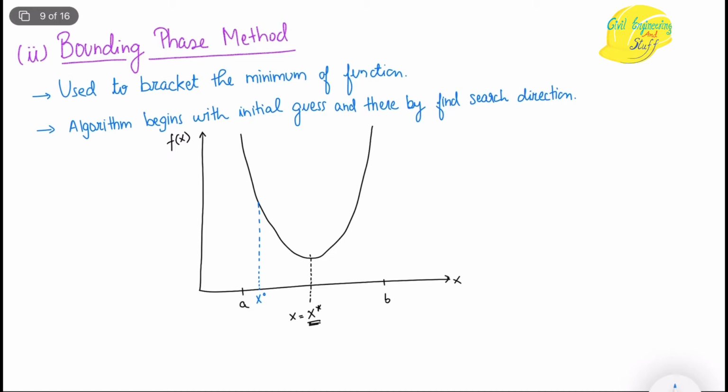Then we also find the neighboring values of this x naught, at a very small interval delta. We move ahead by a small interval delta, and we move behind by a small interval delta.